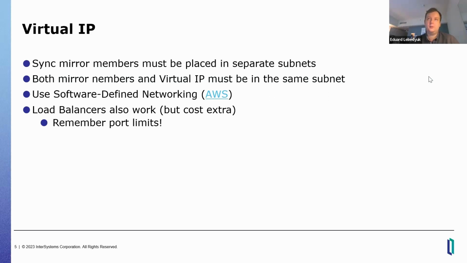We have a lot of customers who have hundreds of ports allocated. And it's all doable with load balancers, but certainly a considerable challenge. So if you can use software-defined networking to your advantage, that is definitely a more preferable approach.